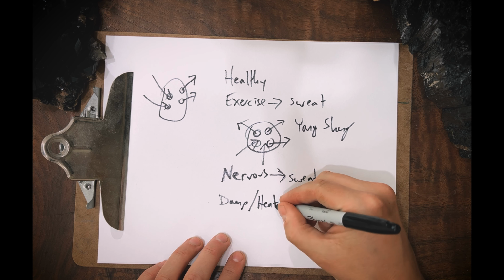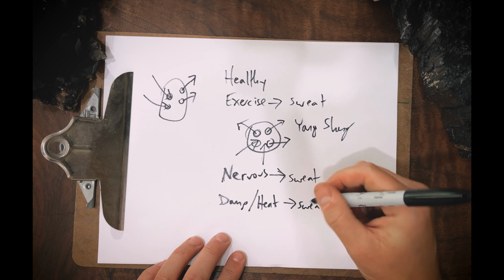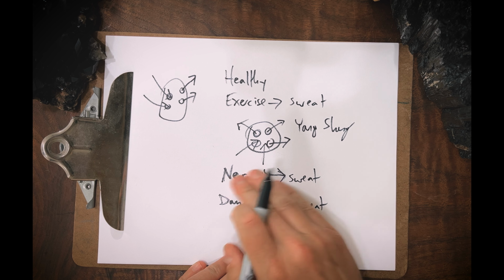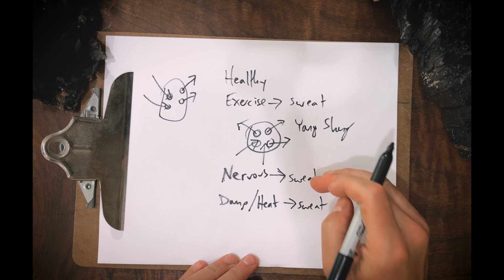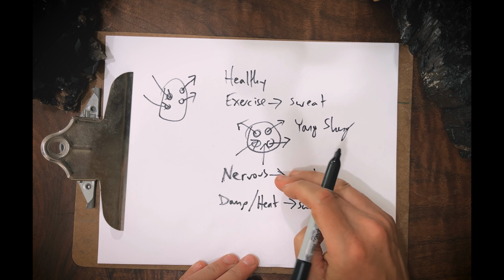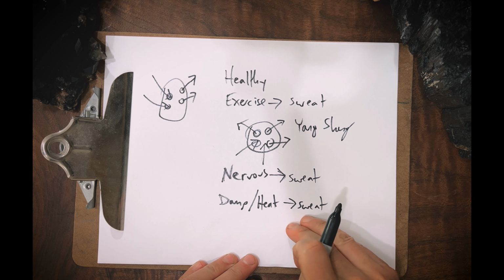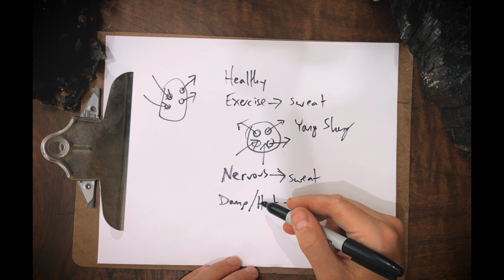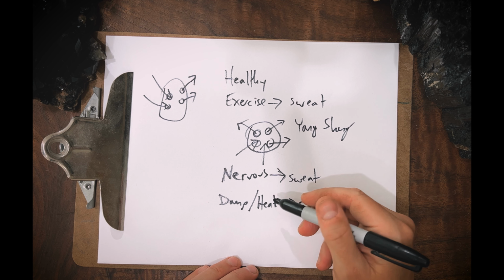And that's going to tell you more that it's dampness settling down to the lower burner usually. Somebody with nervous sweat is going to usually be more like hands, feet, maybe armpits. The person who's got damp heat, especially if the dampness is settling down, it's going to be more lower body type stuff in the groin and places like that.